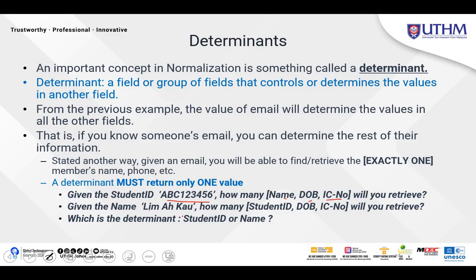When you have a name, Lim Ah Kau, how many student IDs, dates of birth, and IC numbers will you retrieve? So which is the determinant here, student ID or name?